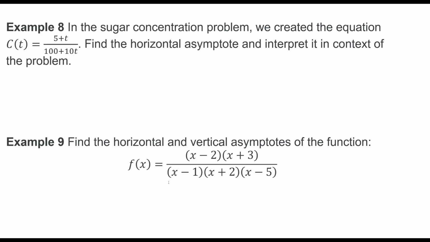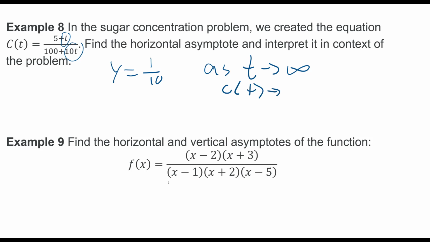The leading coefficient is 1 here, and 10 here. So our asymptote would be y equals 1 over 10. And that means your long-term concentration would be 1/10. Eventually, as t gets really big, C of t would go toward 1/10. So that's where it would eventually end up.